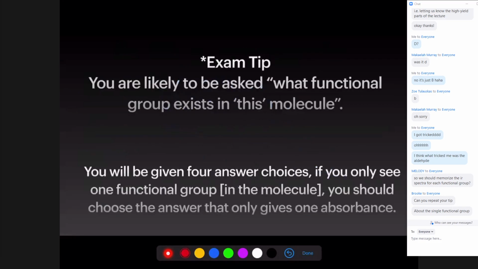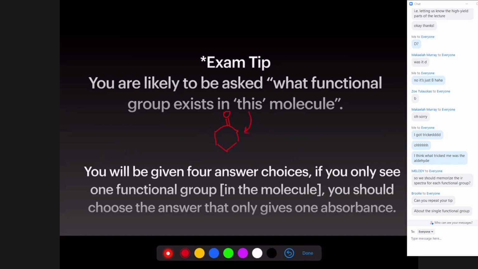About the single functional group, yes, I can repeat that. So here's the exam tip. On the exam, they might give you a molecule and ask what functional group exists within this molecule.